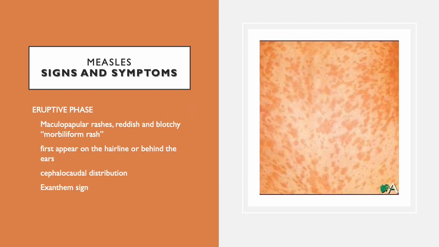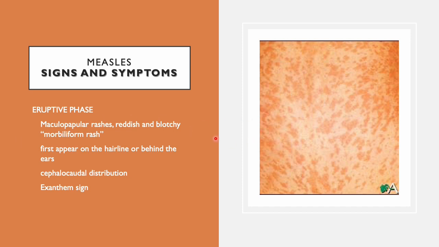Okay? Now, the second phase of measles is the eruptive phase. So, eruptive, this is when you can already see that the rashes are already present. Again, the rashes of measles are described as maculopapular. Okay, so these are reddish, there is that blotchy appearance, and it's also known as morbilliform rash.